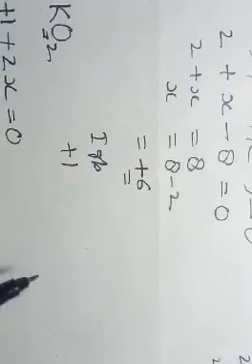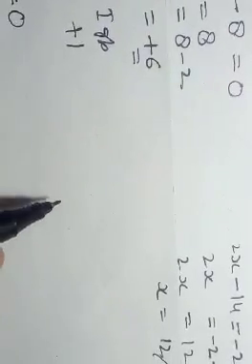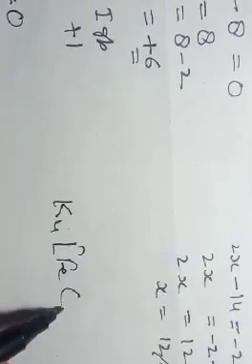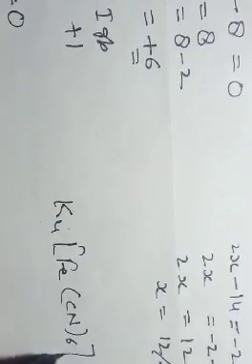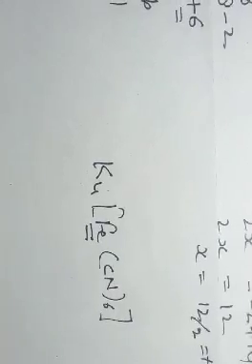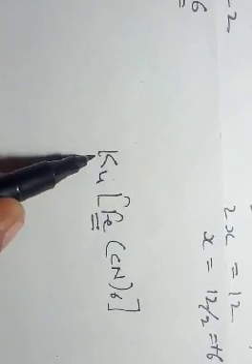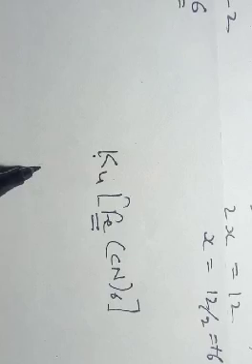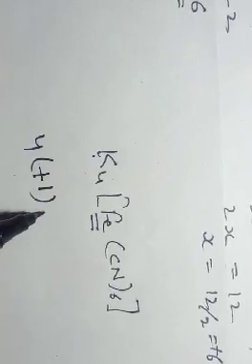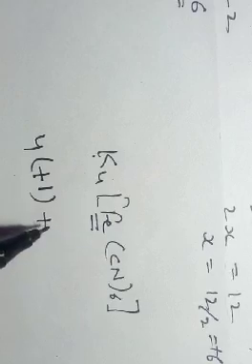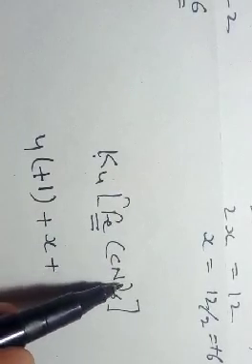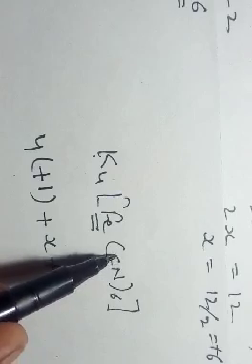Okay students, now next we are going to calculate the oxidation state of iron here. This potassium belongs to the first group, so its oxidation state is +1, multiplied by 4, plus iron, let it be x, plus cyanide, which is a negative ion carrying a single negative charge.